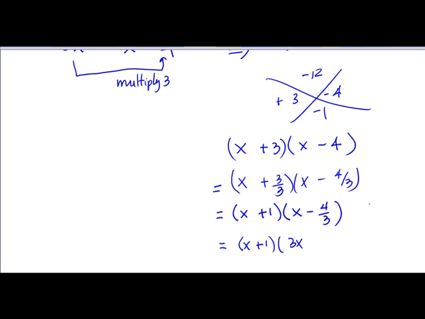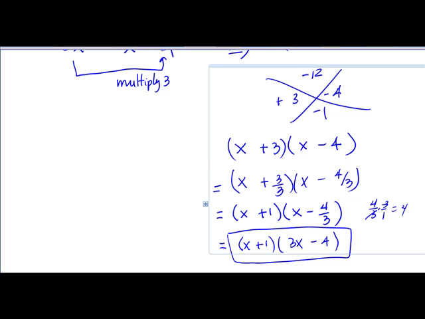When you multiply this here by 3, you have 4 over 3 times 3, so you cancel out the 3. You have 4 left, so you have minus 4 here. Okay? So this is your answer by using the diamond method.